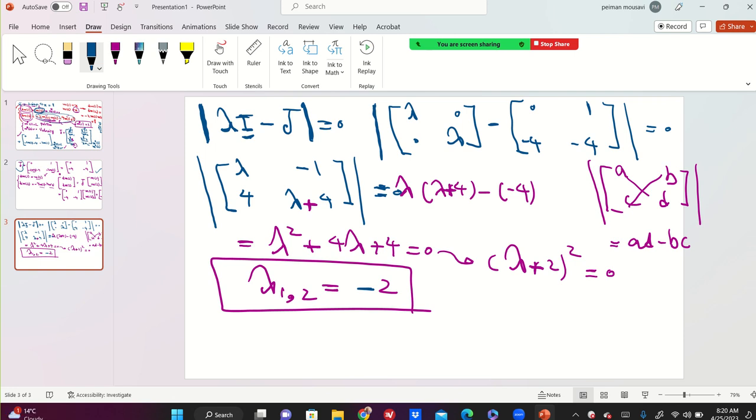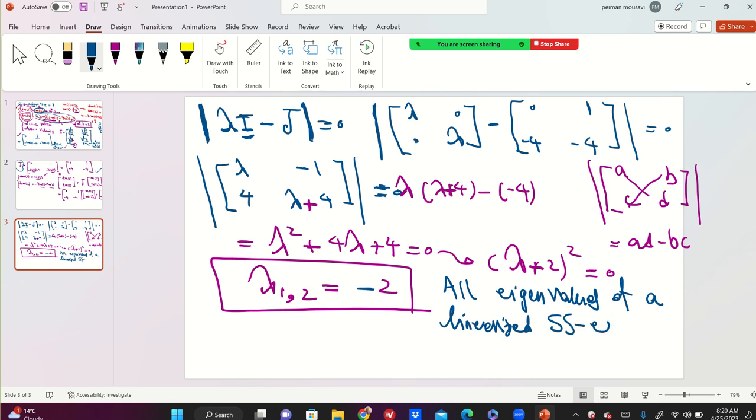Okay? So please write it down. If all eigenvalues of a linearized state space equation are negative, the system is stable.